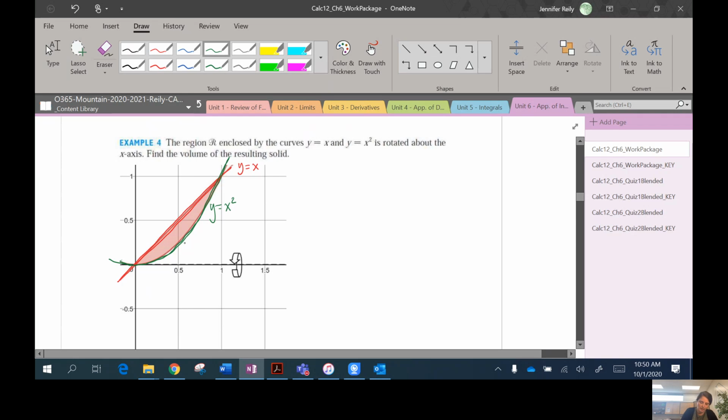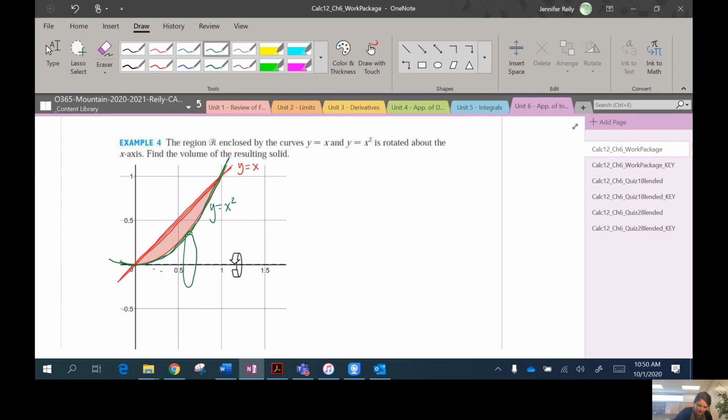Okay, so let me just draw one. So that's going to rotate around. It's going to kind of look like that. And then the outer curve is going to rotate around and kind of look like that. Well, that's not the best drawing. Let me try again. Okay, let's see.